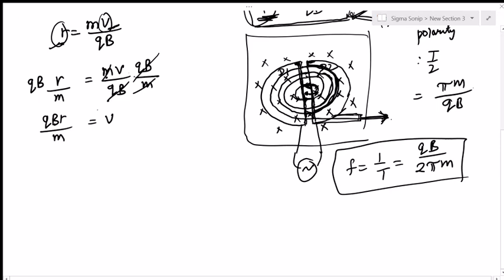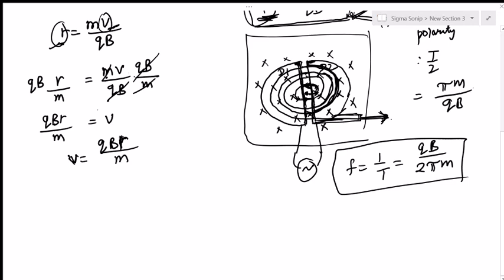Now this expression gives me the velocity of my particle for any particular radius. If you have some particular radius here, I can calculate the velocity corresponding to that radius of the path in the cyclotron.